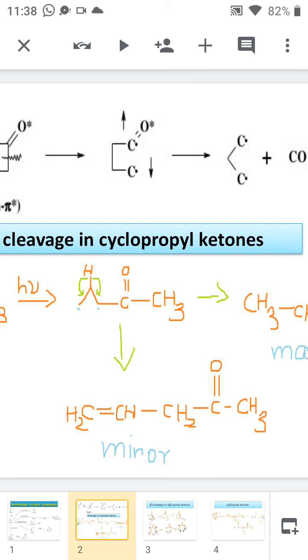After that there are two possibilities, hydrogen abstraction. The hydrogen can be abstracted on either the right hand side or the left hand side. If we do the right hand side, what will happen?